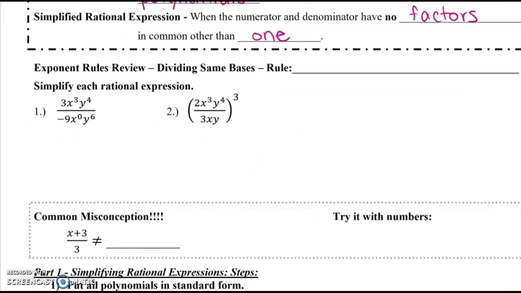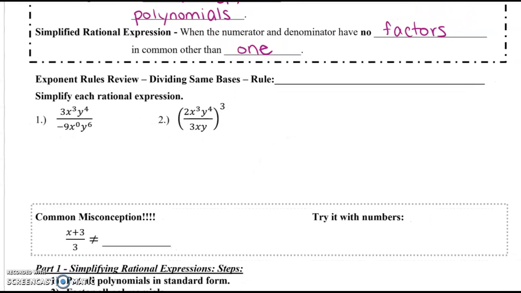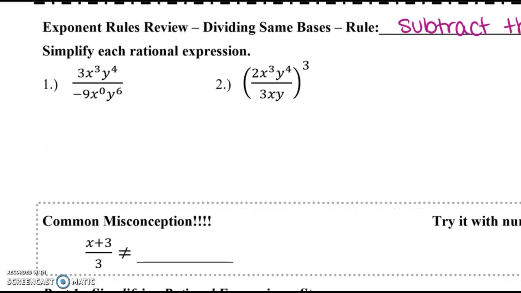So these you'd be using your exponent rules. Remember, when you're dividing your bases, you're going to subtract the exponents. Okay. So for the first one, I can divide out the numbers. I can divide out the 3 and the 9 and divide them both by 3. It gives me a 1 and a negative 3. So that's what my numerator and my denominator are when it comes to the numbers.